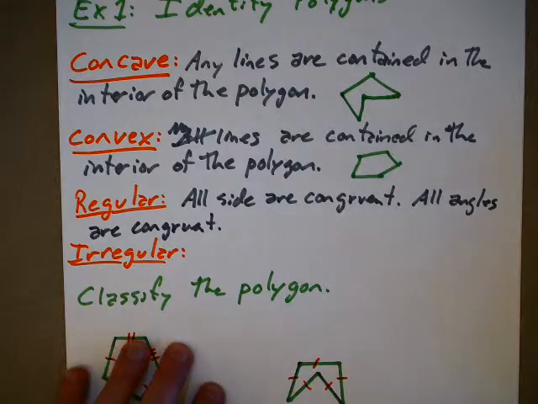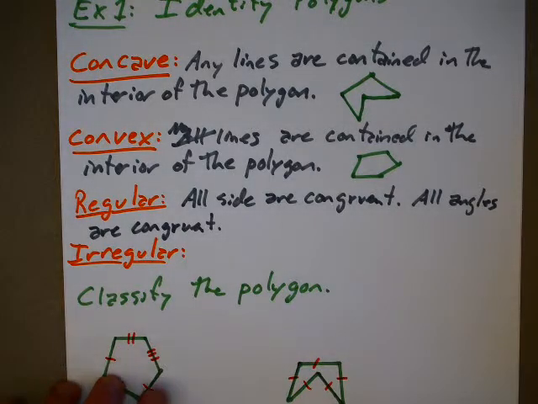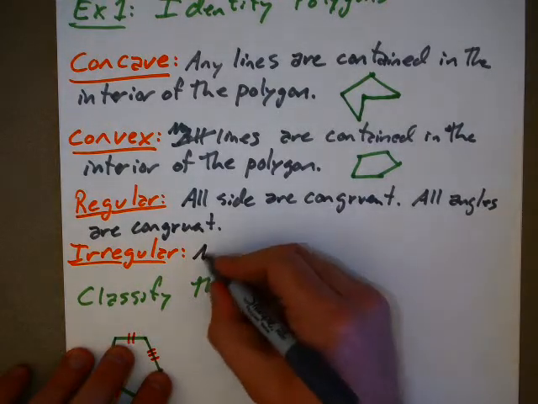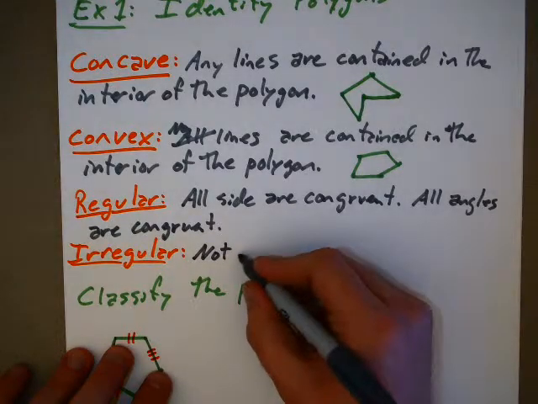And so an irregular polygon would be just the opposite of that, so not all sides and angles are congruent.